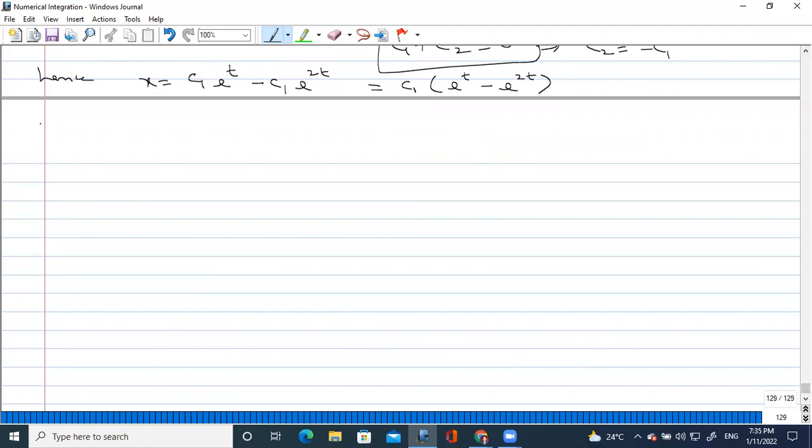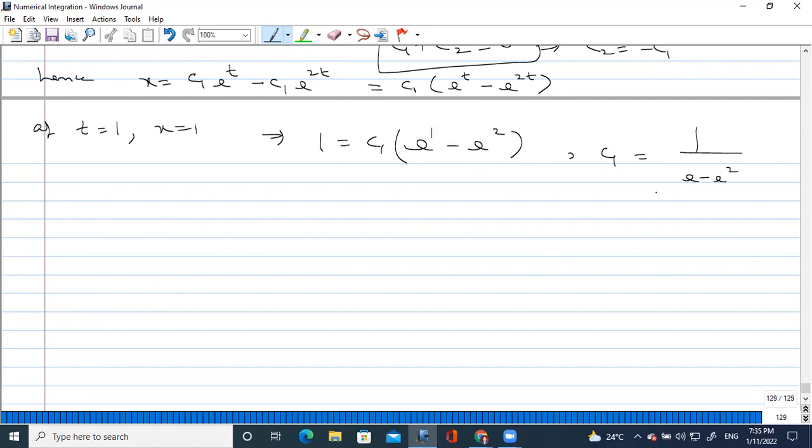Okay, next boundary condition: at t equal to 1, x equal to 1. So this implies 1 is equal to C1 times (e to the power 1 minus e to the power 2), sorry, e to the power 1 minus e to the power 2. So the C1 value will be 1 upon (e minus e²).